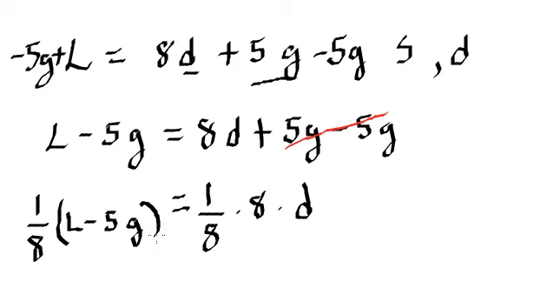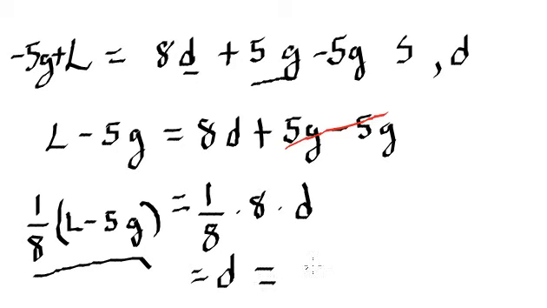So hopefully I haven't lost anybody here. 1/8 times 8 is 1, and so we'd end up being left with just a D here. And so D ends up equaling 1 over 8 times L minus 5G, and you can leave it just like it is right here.